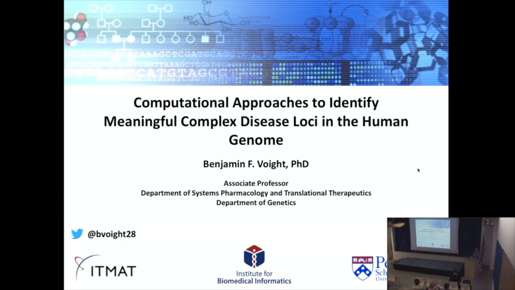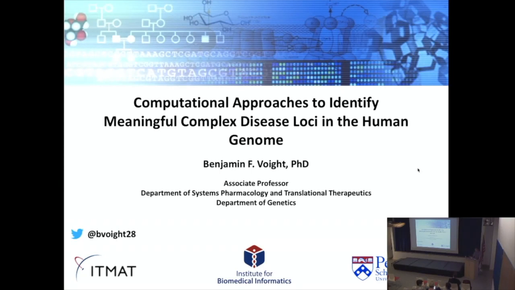It's my great pleasure to introduce today's speaker, Dr. Ben Voight. Ben got his PhD at the University of Chicago, working with Jonathan Pritchard and Nancy Cox, where his work focused on studies of natural selection and demographic inference in human populations.